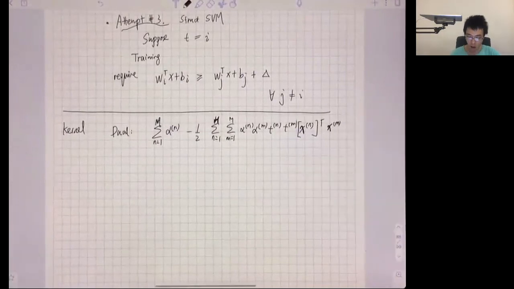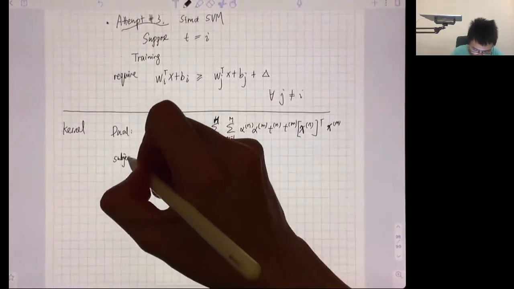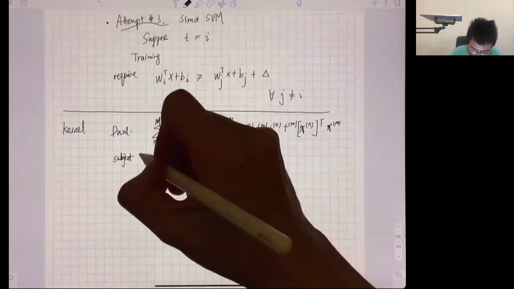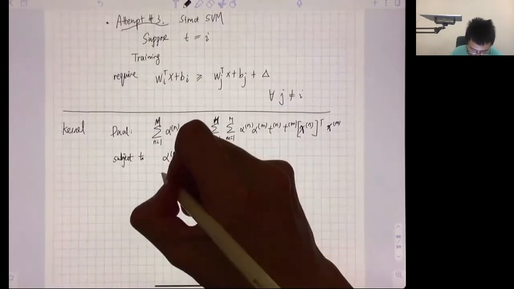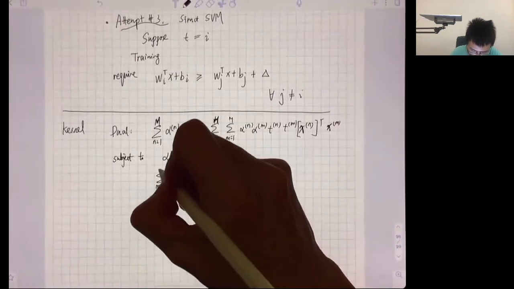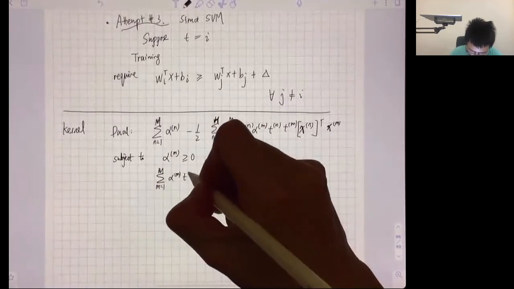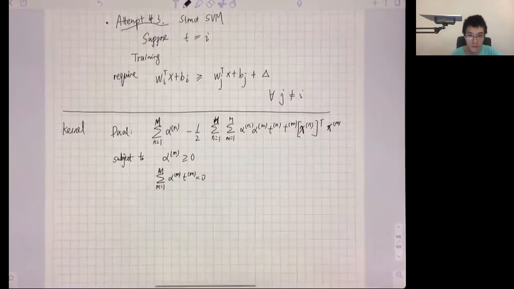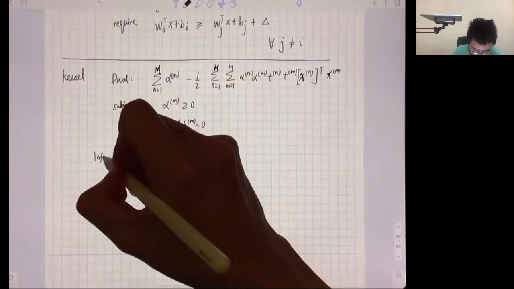Here, x are the vectors and all other things are scalars. Subject to all alpha greater than or equal to 0, and the summation over m, alpha_m t_m is 0. Okay? So this is the training.